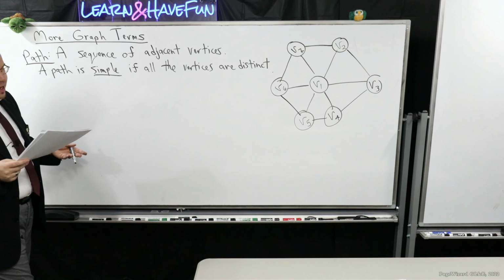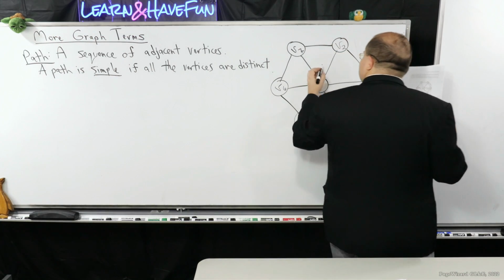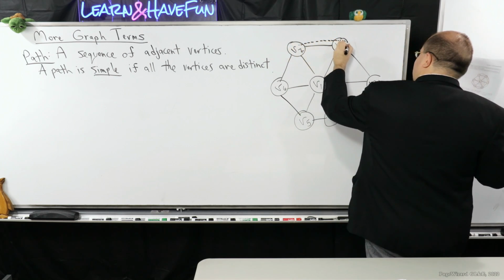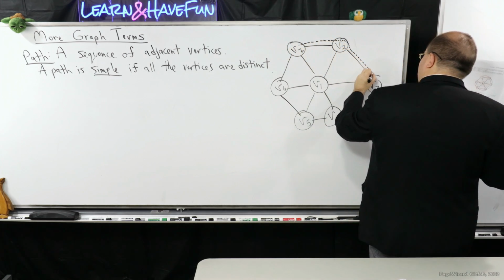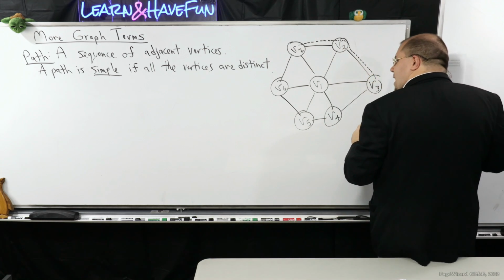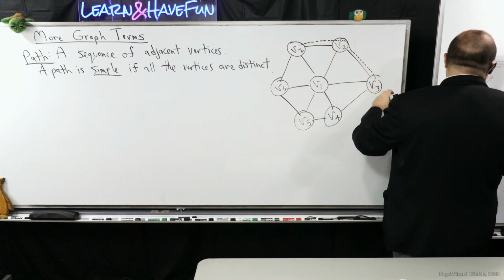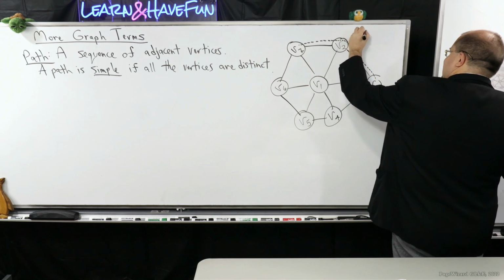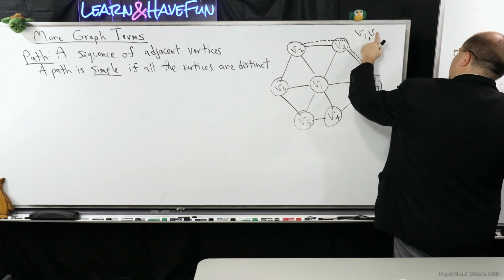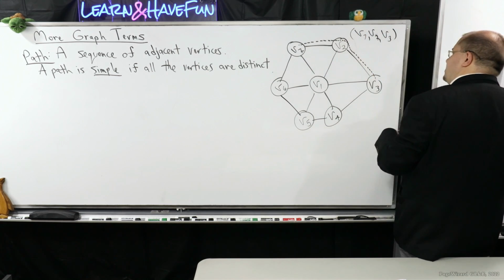So suppose that I were to take some pathway in here. I'll include some other examples in the notes, but suppose I go from V7 to V2, down to V3. This is a path, right? V7, V2, V3. There's a path for you.